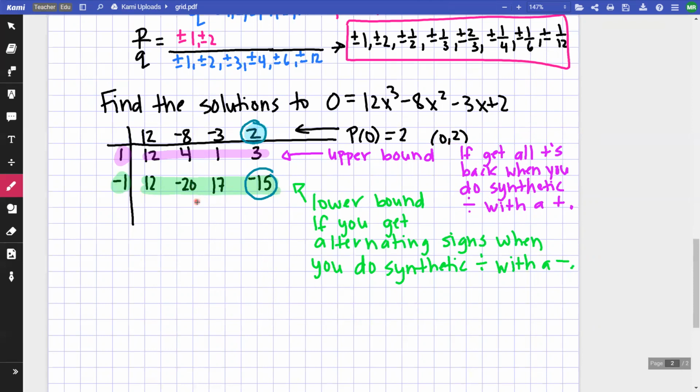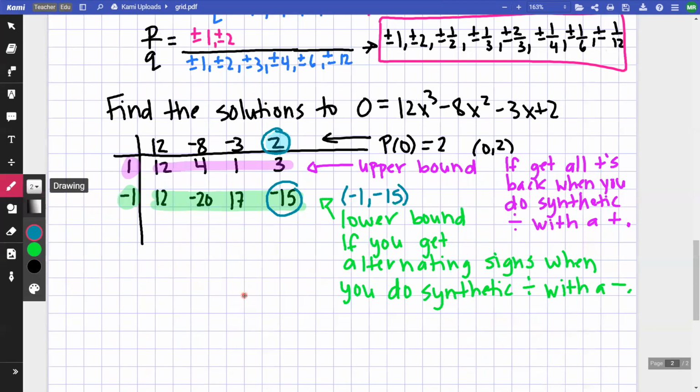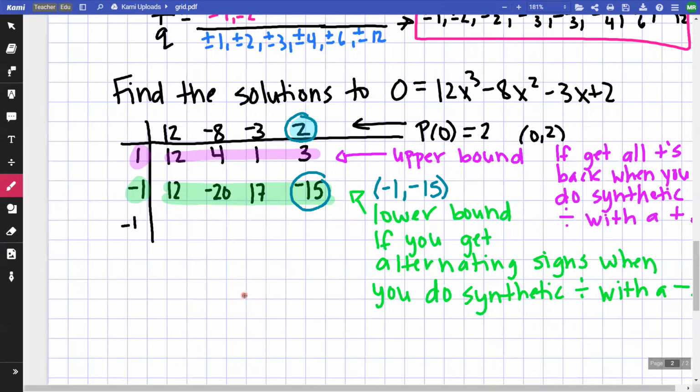This one right here is really -1, -15, so that's below the x-axis. If I'm above and then below, somewhere in between my 0 and my -1, I had to cross. So I'm going to try one of these numbers in between. We call that the location theorem. I'll write it here in a second, but let's just try one of these numbers. So let's say I try -1/2, and let's see what happens.